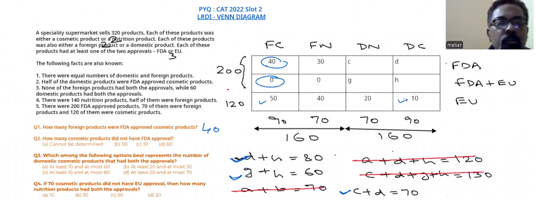So it sums up to 60, and we have 60 in option D. So our answer will be 60 here. FDA approval cosmetic will be the first column and fourth column, and we have to consider the third row only. So it is 50 plus 10, 60. Next. Question number 3.